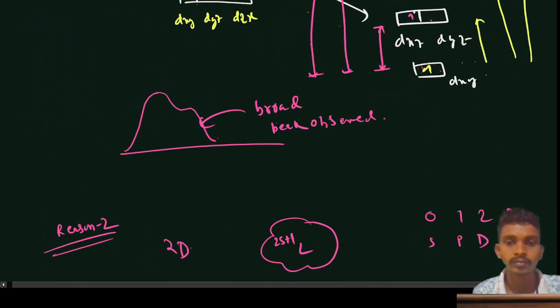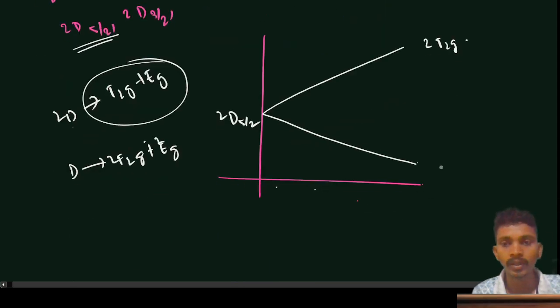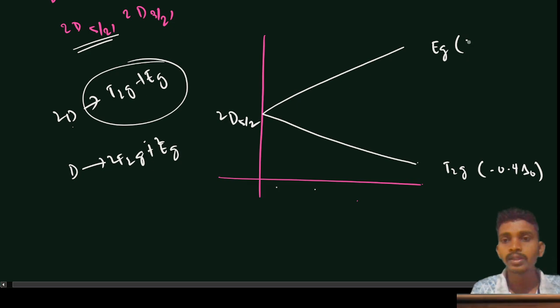The T2G value is less, so here I will write T2G with minus 0.4 delta naught, and the EG value is 0.6 delta naught. Okay, so assign these values to the degenerate states. This is for D 5 upon 2.